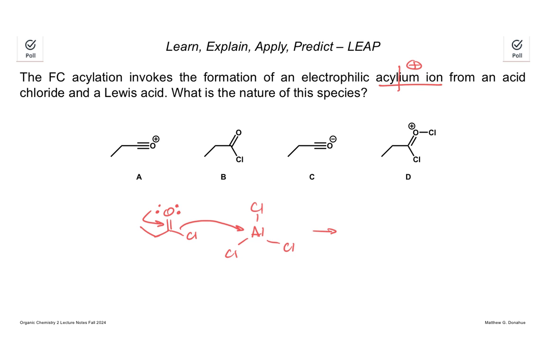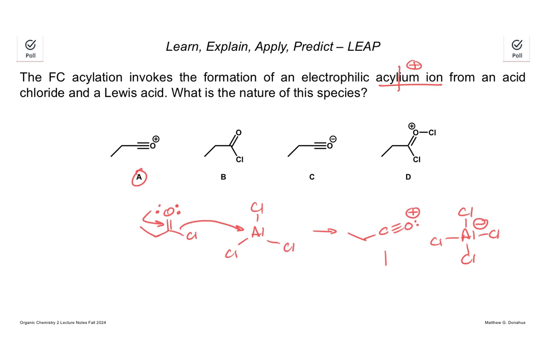And so we're going to end up with C triple bond O. We have our other 2 carbons. Aluminum is now going to have 4 chlorines. So it has to be negative, meaning that the oxygen has to be positive. So A is our correct answer.